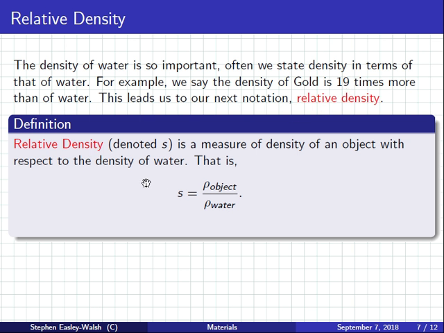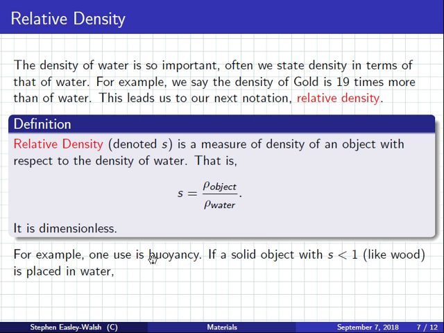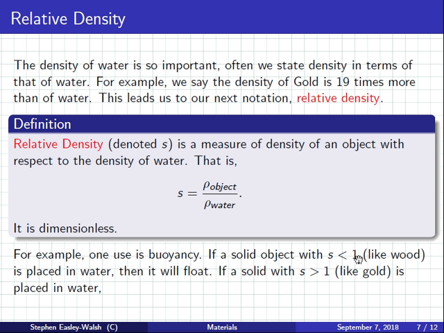Why do you think it's important to know this? One example is buoyancy, when things float in the water. If S is less than 1, it will float. If S is more than 1, like gold, it'll sink.